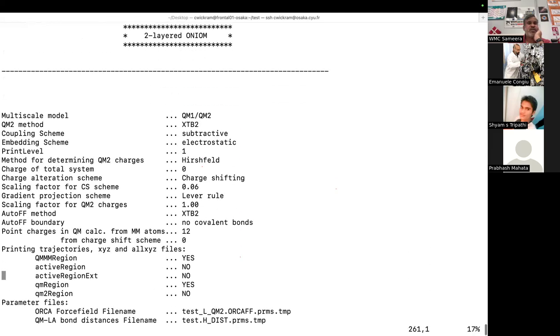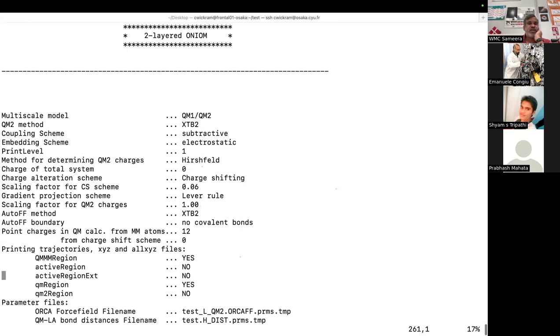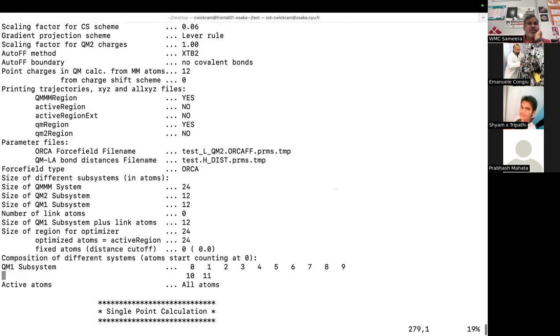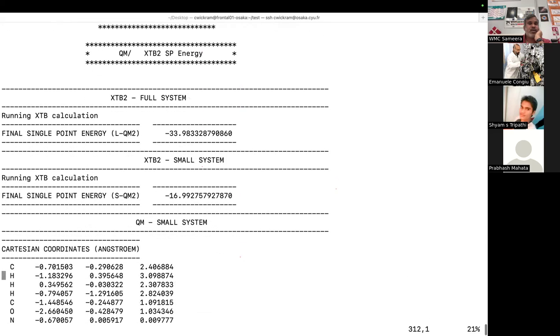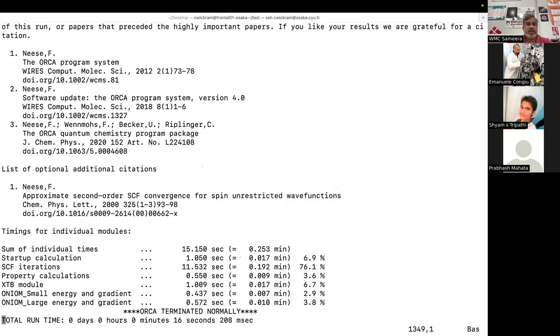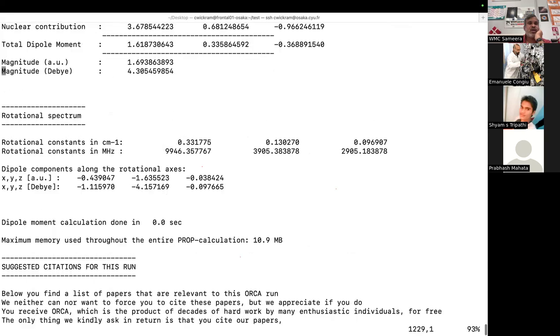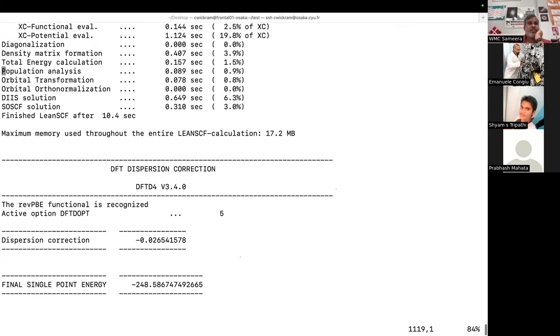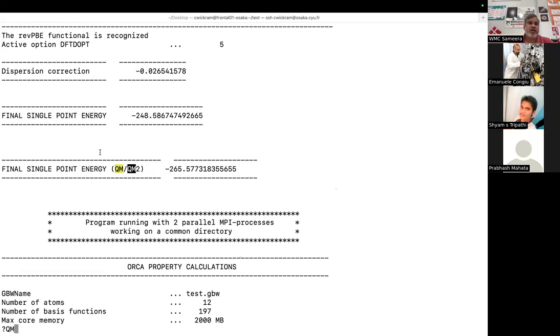It is a very simple 2-layer ONIOM calculation. It ran, and then you can find different energies. The total energy of your system you can always find here, as the single point energy QM, QM2.